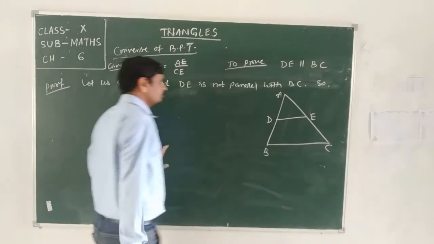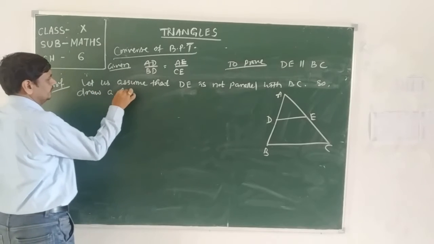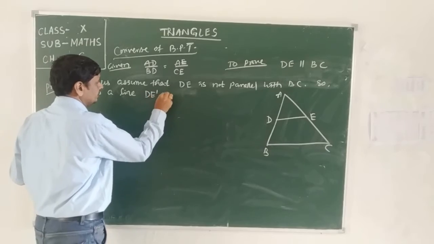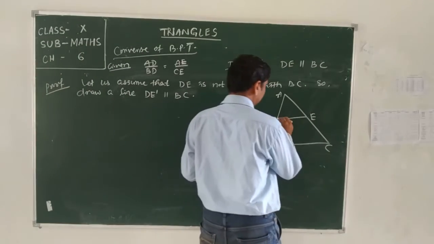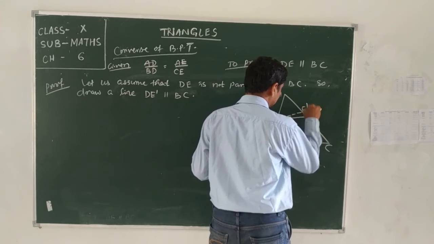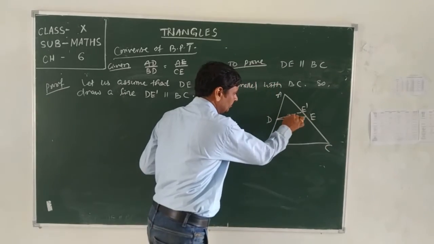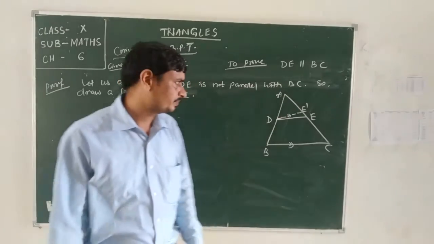So, draw a line DE dash parallel with BC. Now we can draw one more line, that is DD dash. This DE dash is parallel with BC. It is drawn.